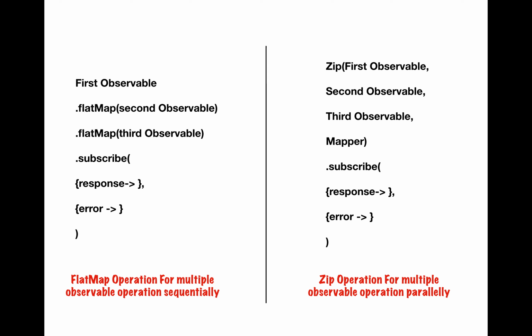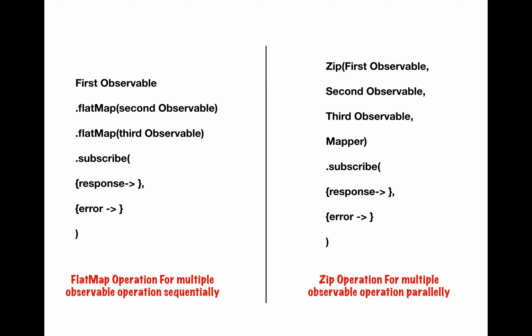I am giving zip 3 observable sources, or even multiple observable sources at one time, and a mapper which will be used by zip when all these observables give me the data. Using this mapper, zip will create the combined output for me, and in the response I will get the combination of all these 3 observables.